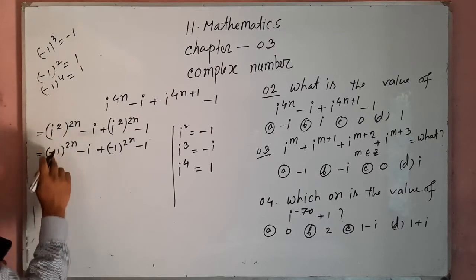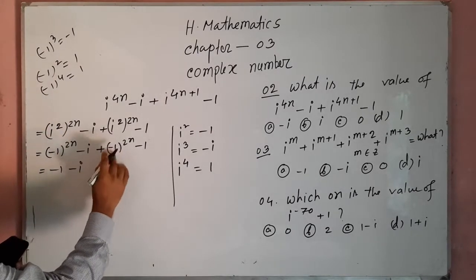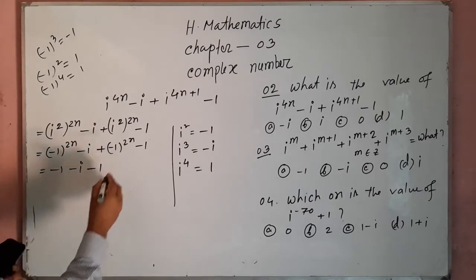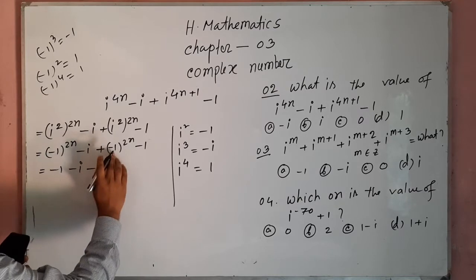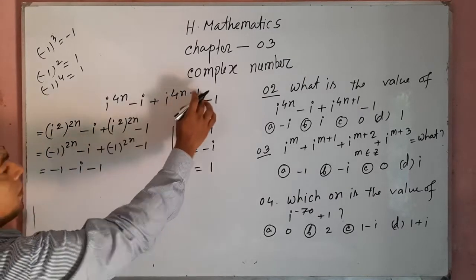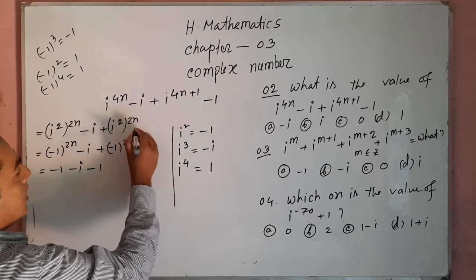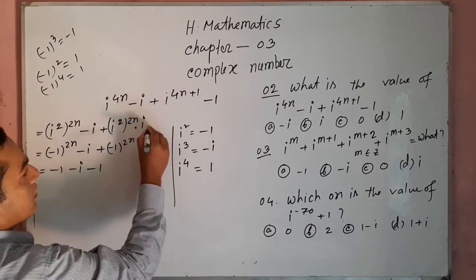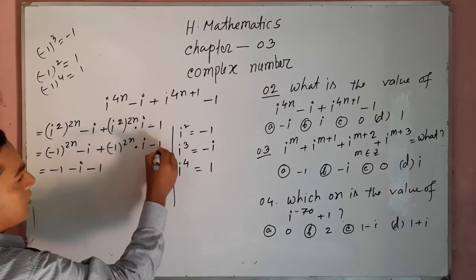According to these rules, this is minus 1, this is i, and this is also minus 1, and this is i to the power 4n plus 1, but here i to the power 4n into i minus 1.